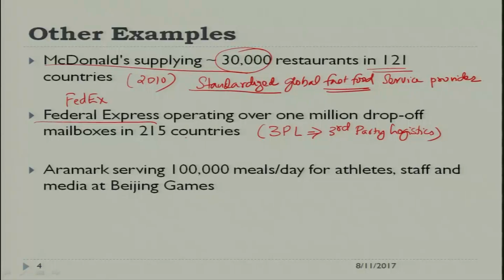So, the idea here is how can you make that standardized? One example in Federal Express: let's think about it this way. Let's say here is the origin, where the package is originating, and it has to be shipped to this place.